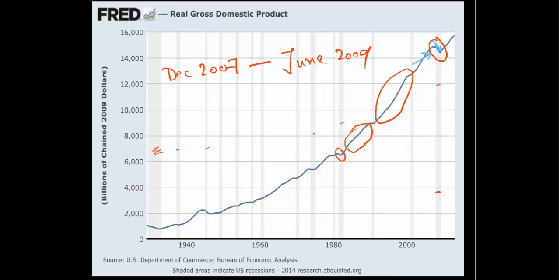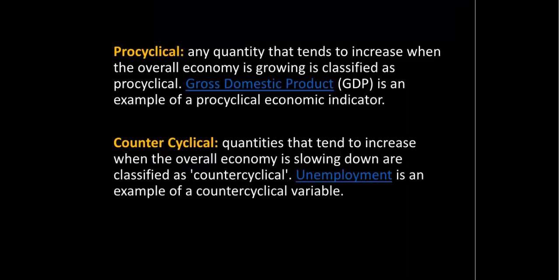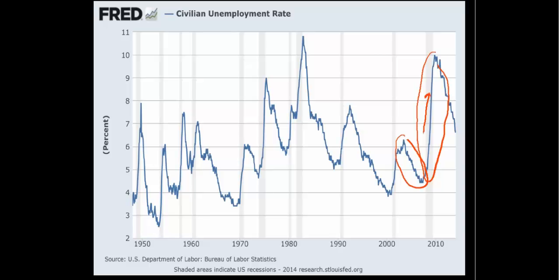On the other hand, we have a concept called counter-cyclical. What does counter-cyclical mean? It means quantities that tend to increase when the overall economy is slowing down. Unemployment is an example of a counter-cyclical variable. If you go back to unemployment, during recessions we see an increase in unemployment, and during good times, when the economy is expanding, we see a decrease in unemployment.